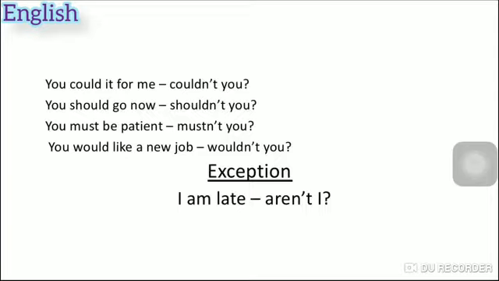These are the examples for the negative question tag. If the statement is positive, the tag will be negative, and if the statement is negative, the tag will be positive. Like this, you should solve the examples of question tags.